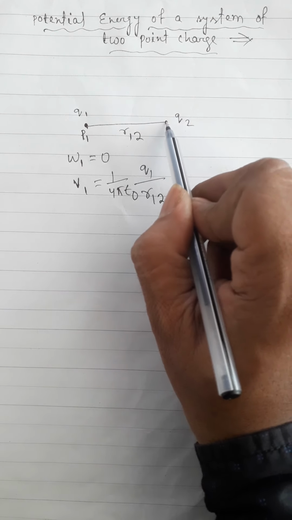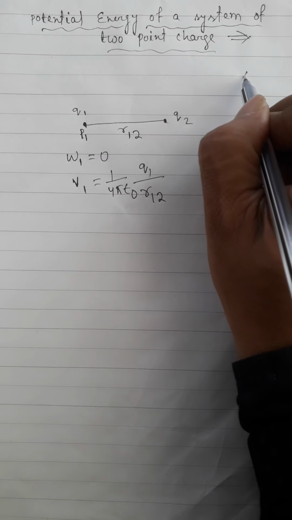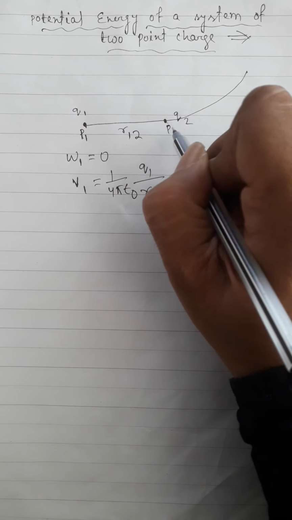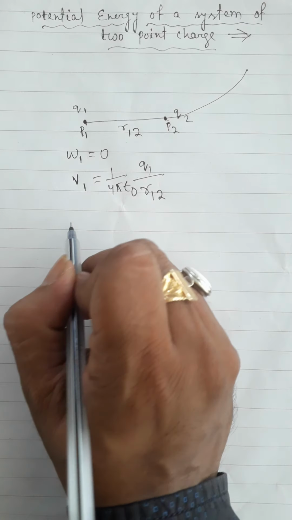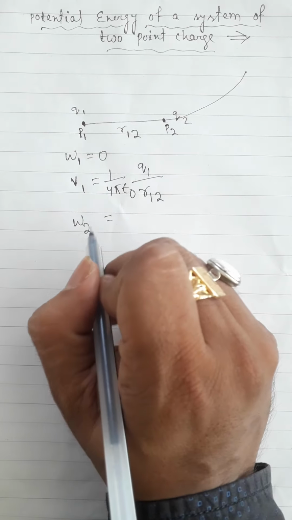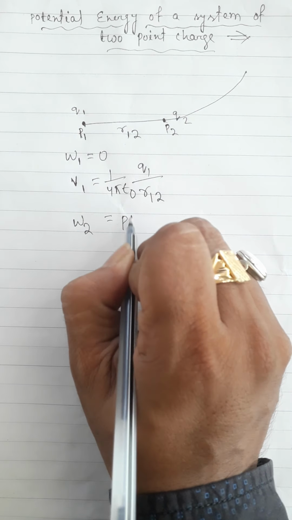If the charge q2 is moved from infinity to this point p2, then the work required, w2, is equal to, we know, work done is equal to potential into charge.